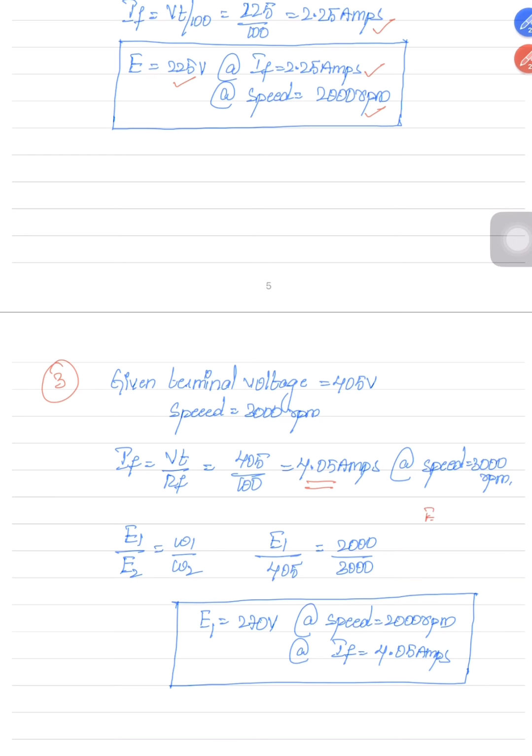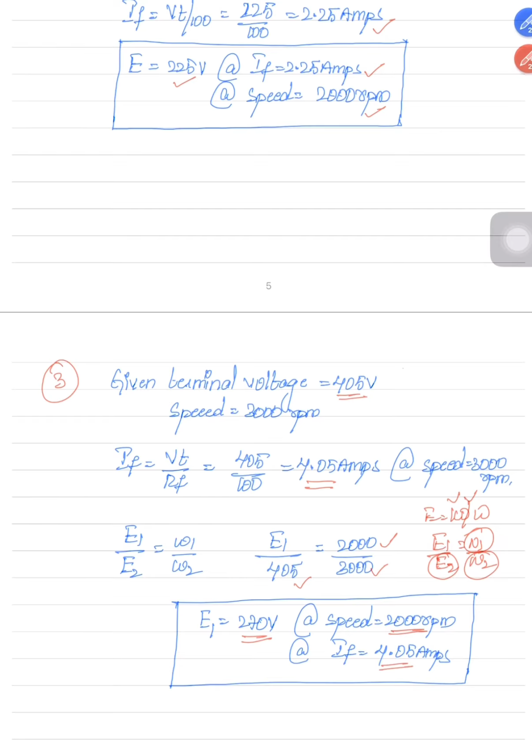We know E equals K into phi into omega. K is constant, phi is constant. E1 by E2 equals N1 by N2. Here E1 is the given terminal voltage of 405 volts at a speed of 3000 rpm. We need to find it at 2000 rpm. Then I found the terminal voltage is 270 volts at a speed of 2000 rpm at a field current of 4.05 amps.